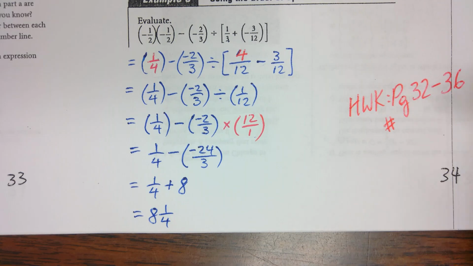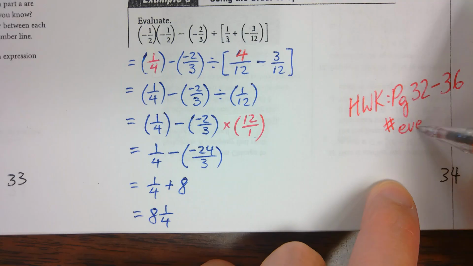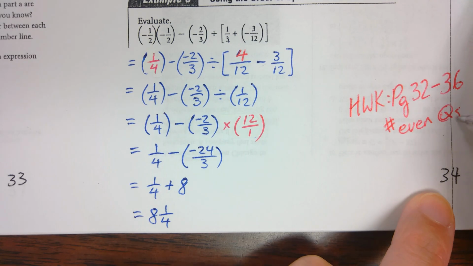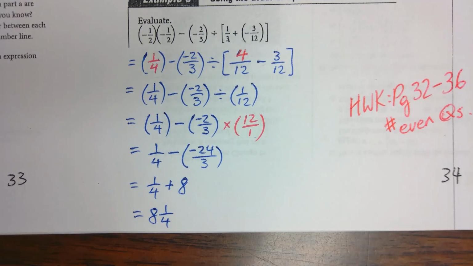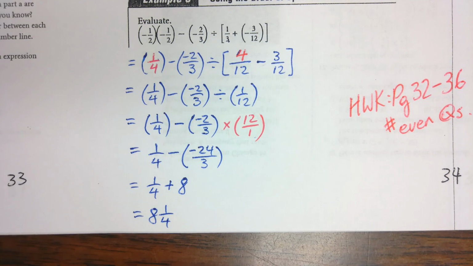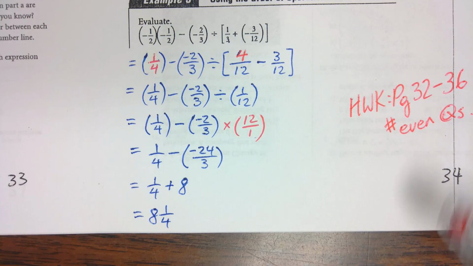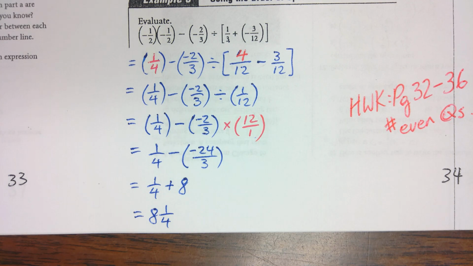I'm not going to overwhelm you guys with the same question, so let's just do the even questions. Starting with number 6, 8, 10, 12, 14, 16, 18, 20, and then on the next page, 2, 4, 6, 8, and so forth. Okay, so your homework is cut in half for you guys.